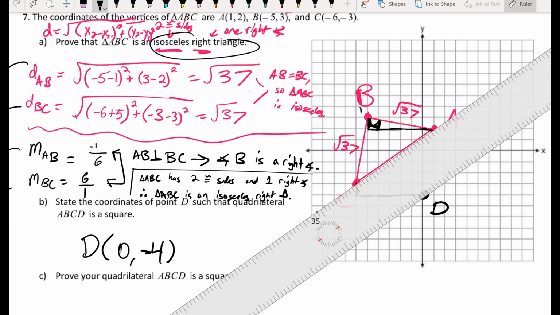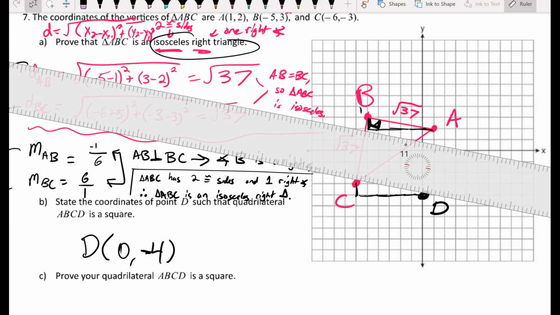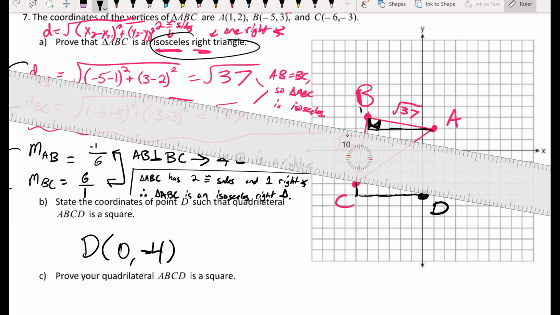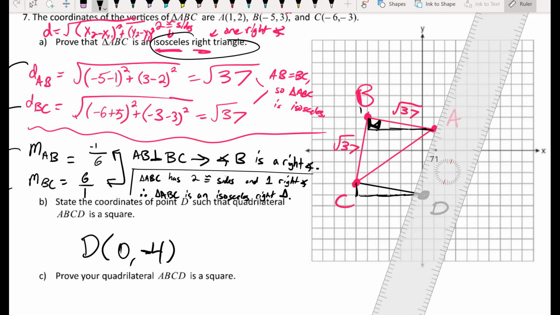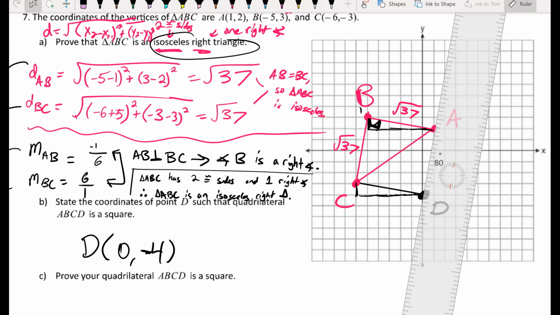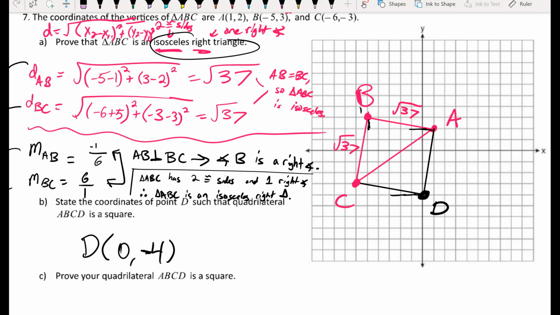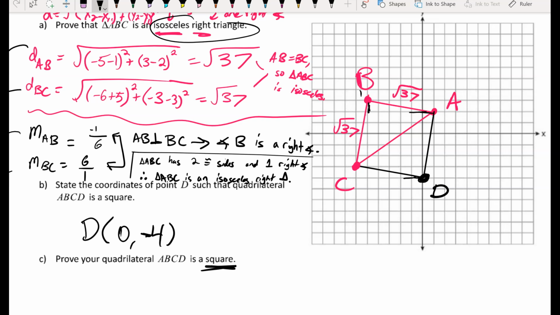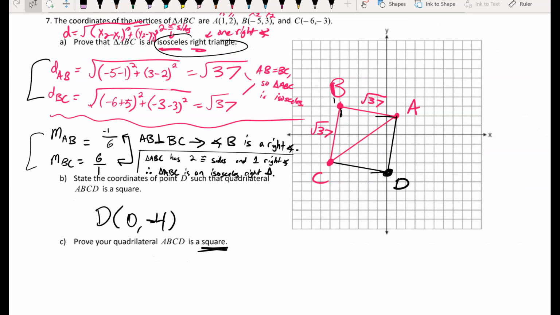If you connect them with the straight edge, you'll know if you did this correctly because it should look like a square, right? When I connect C to D and A to D, it looks like I've got 4 congruent sides. They intersect probably at 4 right angles. But in order to prove that this is a square, I would need to show a couple of things.